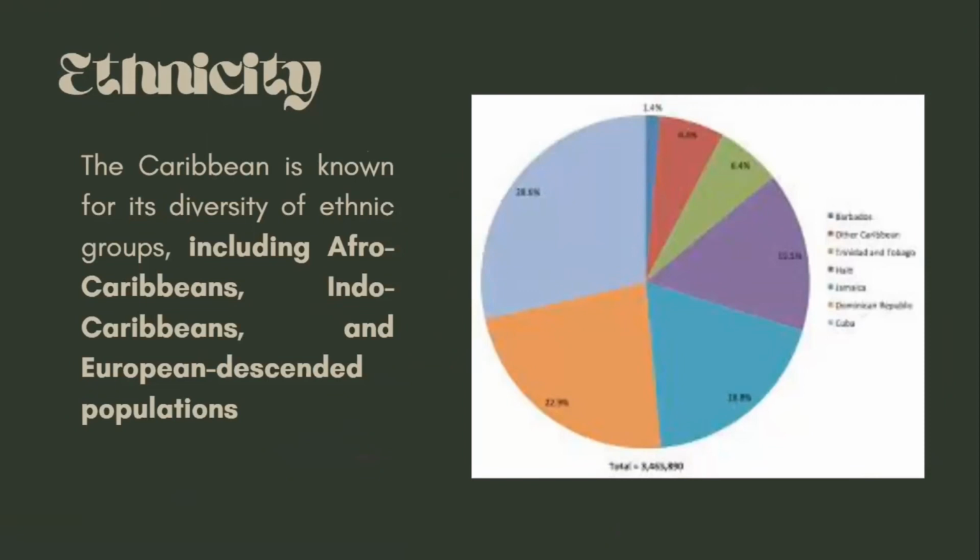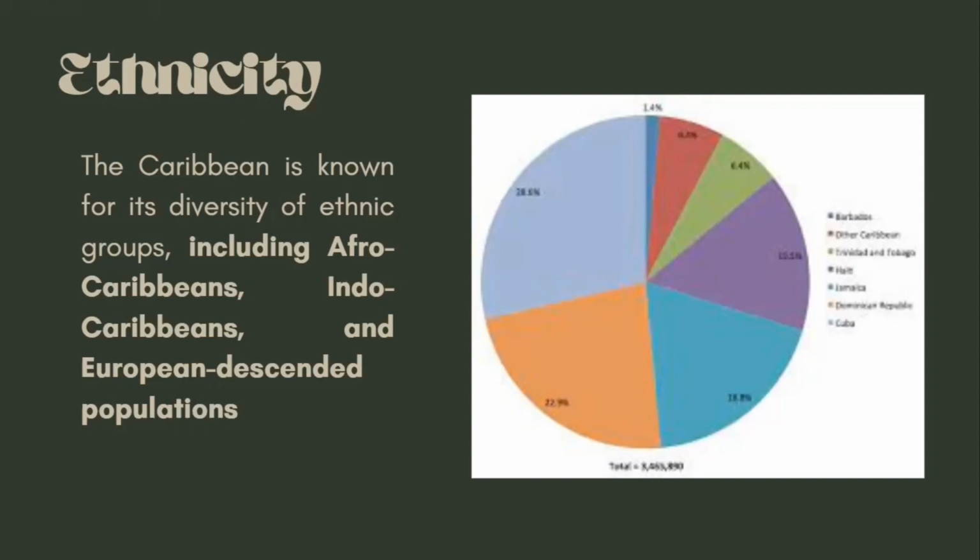The largest Afro-Caribbean populations are found in countries such as Jamaica, Haiti, and Trinidad and Tobago, while Indo-Caribbeans are most prominent in countries like Guyana and Suriname. The Caribbean has a rich history of colonization, slavery, and migration, which has contributed to the diverse ethnic groups that are present in the region today.